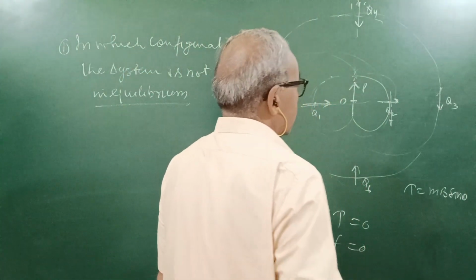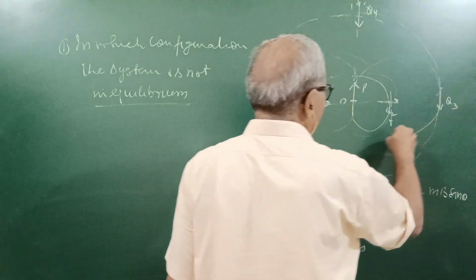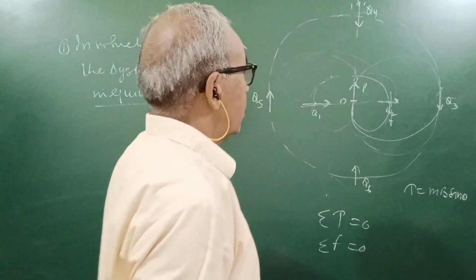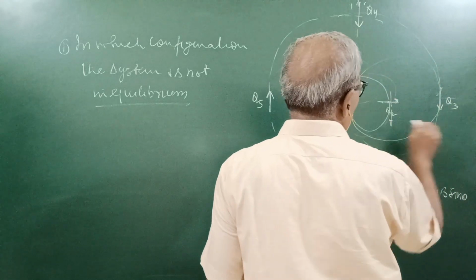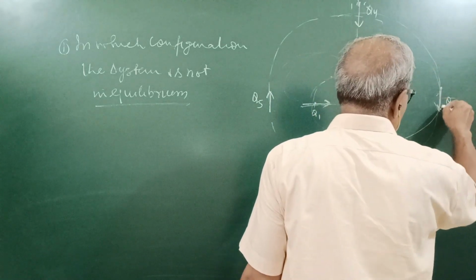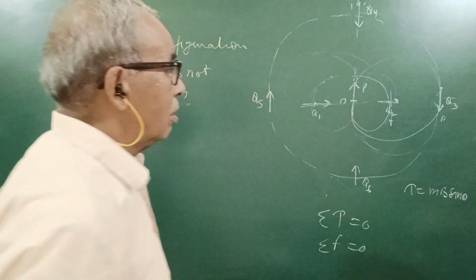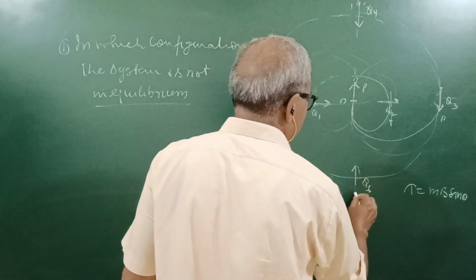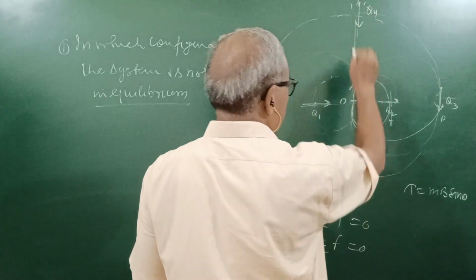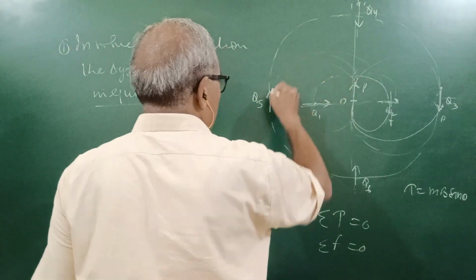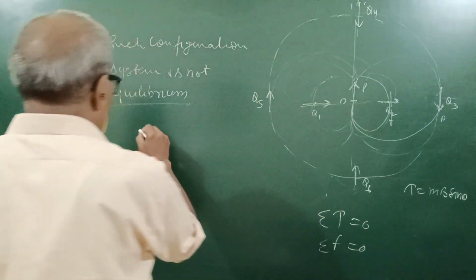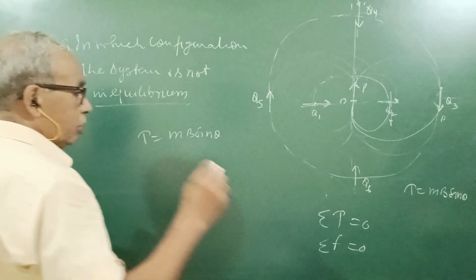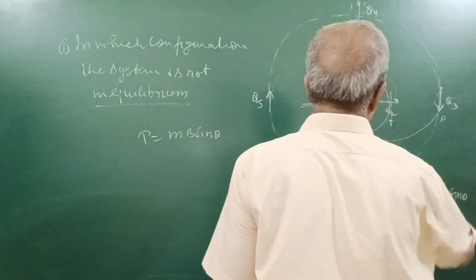Now if I come to Q3, the field of this magnet and the dipole moment of this magnet are both parallel, so torque is zero. Here also the magnetic field is this way, and Q6 is parallel to this. Here the magnetic field is opposite. So torque is MB sin theta, and theta here is zero, here zero.